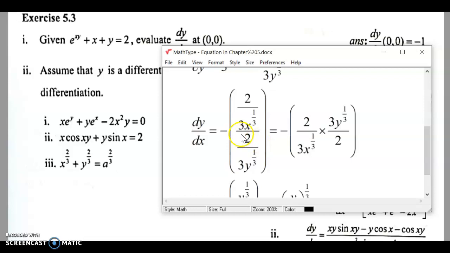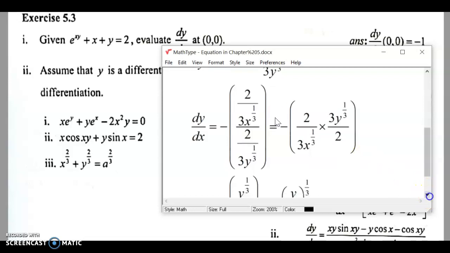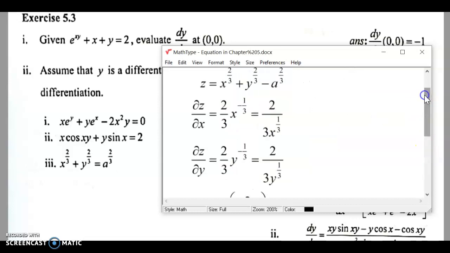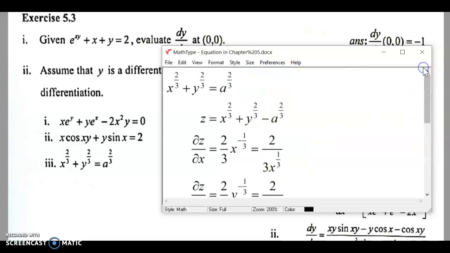Okay, so again I simplify it, cancel out what can be cancelled out, and that leaves me with this answer, y over x to the power of 1 over 3. So that is how simple it is to conduct implicit differentiation by using the implicit function. Okay, thank you.